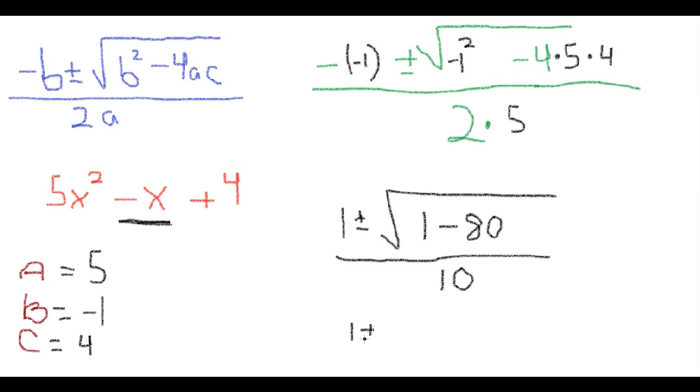If we simplify it further, we get 1 plus or minus the square root of 79 over 10. So that's our answer. And that is our review over the quadratic formula.